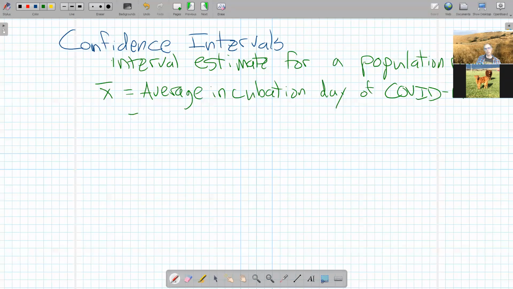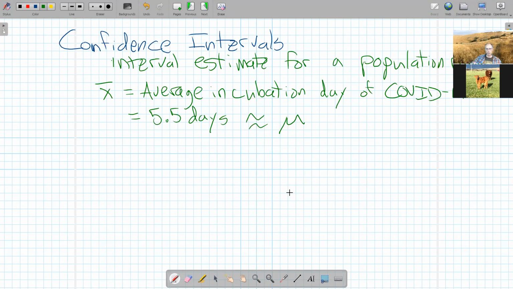One of them predicts that the average is 5.5 days, and we're saying we think that's true for the whole population. If we could measure everybody that had COVID-19, from when they were exposed to when they started showing symptoms, on average, we believe it's 5.5 days for everybody.